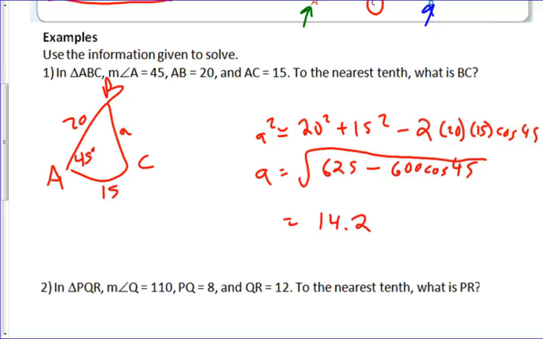And that seems realistic since one side is 20. It's okay that another side is 14. If it was like 700, then we might see a red flag. Or if it was really, really small, that would throw a red flag as well. But we found BC would be 14.2, just using that law of cosines.